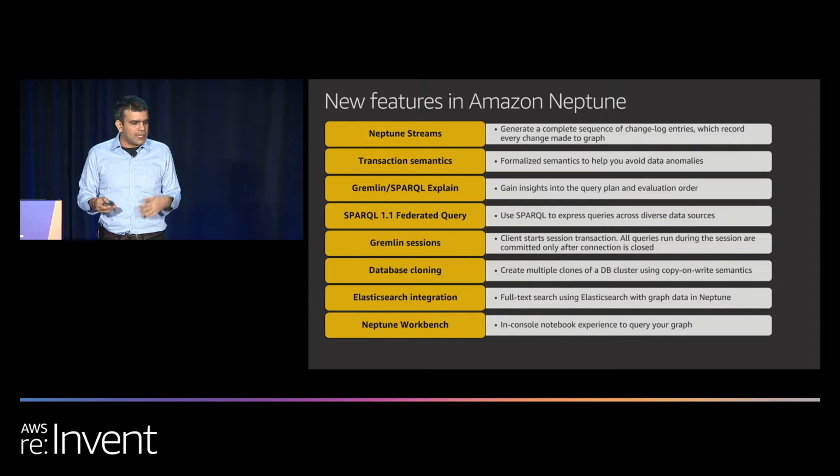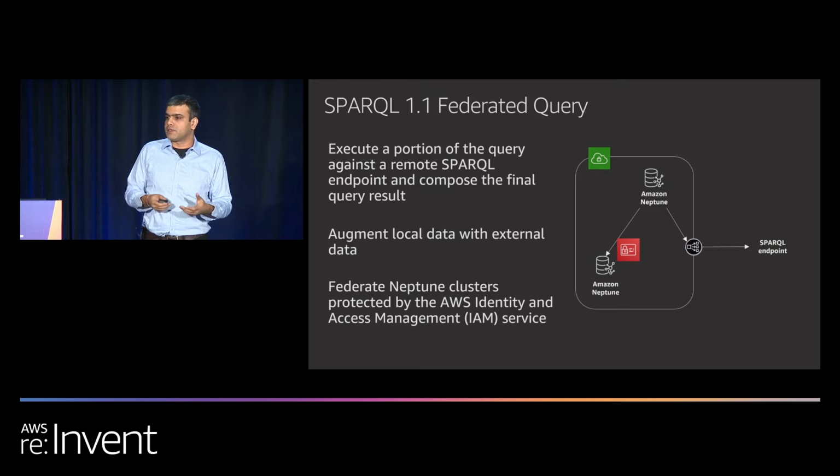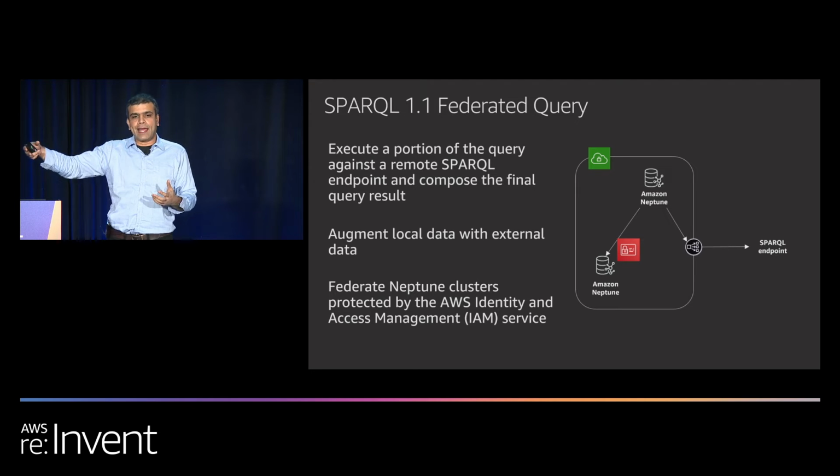Now, among these, let's pick a few examples. The first one that comes to mind is that Neptune supports SPARQL 1.1 federated query. What this means is you take your query and partition it across multiple Neptune clusters, if they support 1.1 federated query, or you could send a query to an external data source, like Wikidata, that also supports the same protocol.